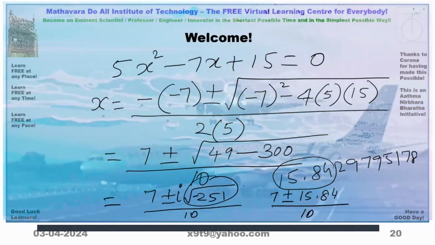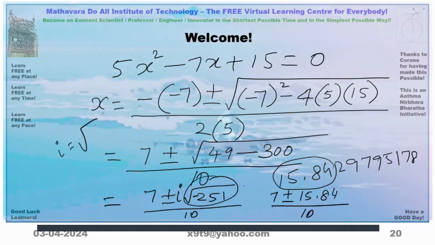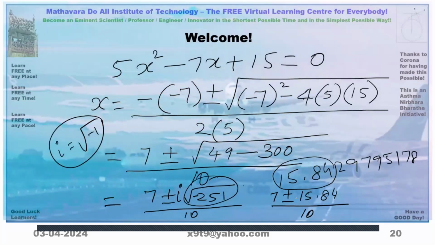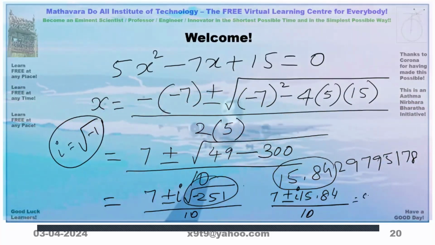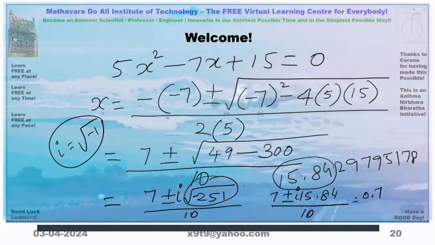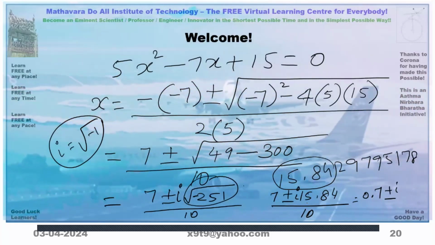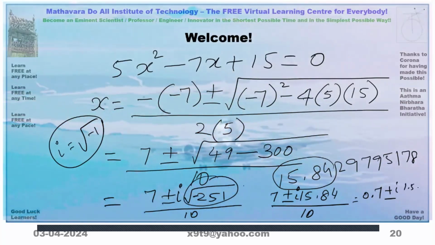Now here, this is the minus sign. So we will write i is equal to square root of minus 1 and take it outside. So there will be an i coming here. So 7 by 10 is 0.7 plus minus i, 15.84 by 10 is 1.584.